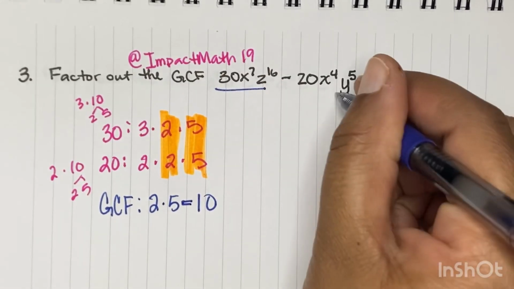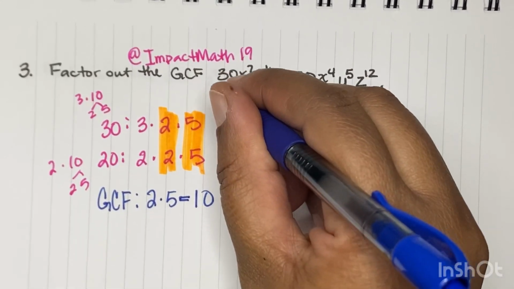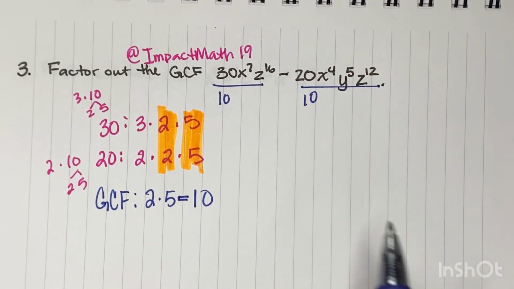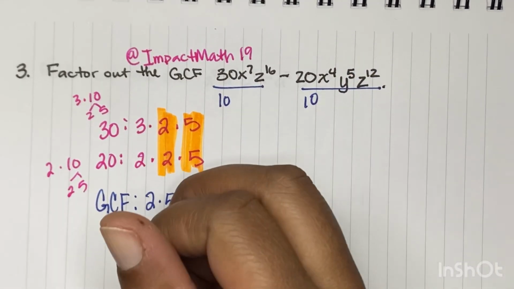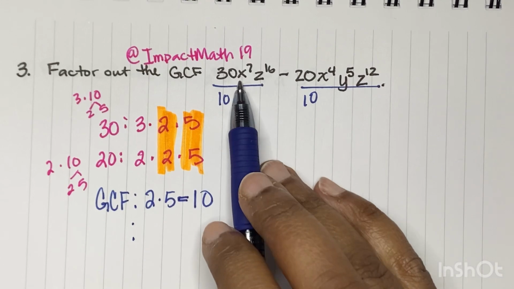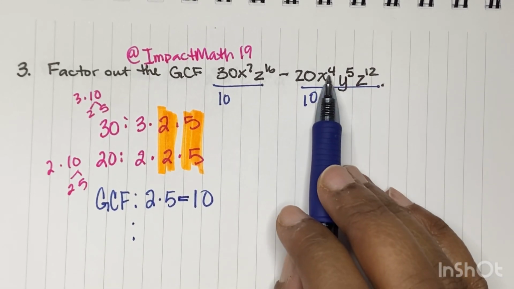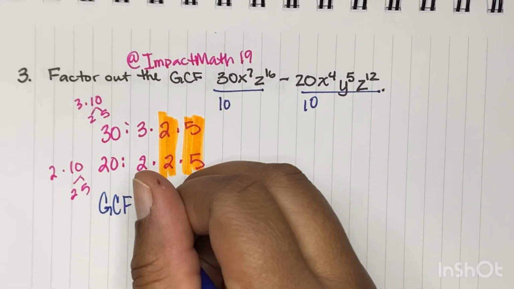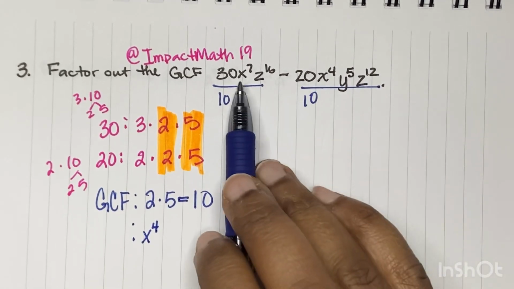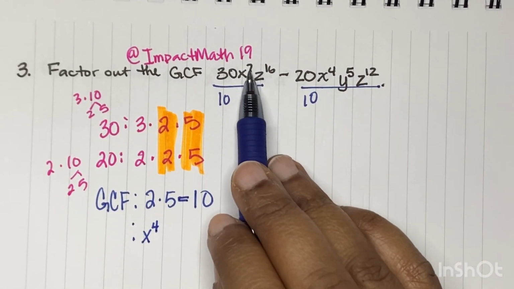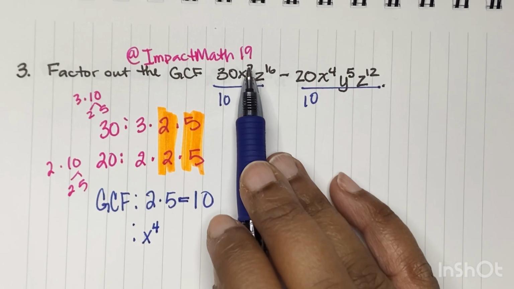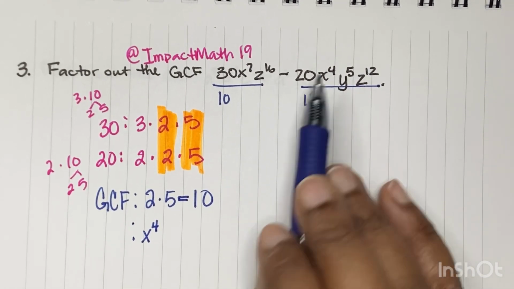So we can automatically put our division sign. We're going to put 10 here and 10 here. Now we're looking at our variables. So we have x to the 7th here, x to the 4th. I'm going to take x to the 4th because we could pull 4 out of 7, but we cannot pull 7 out of 4, okay?